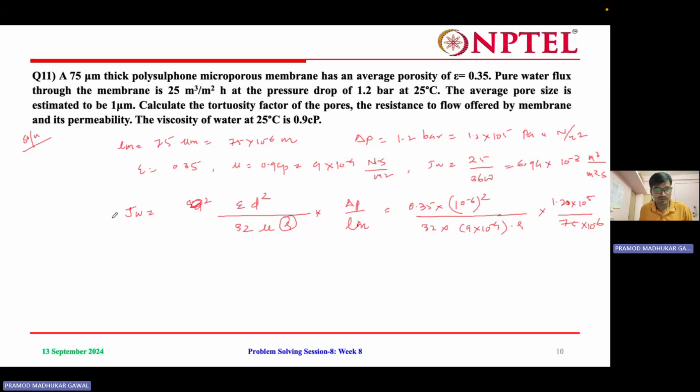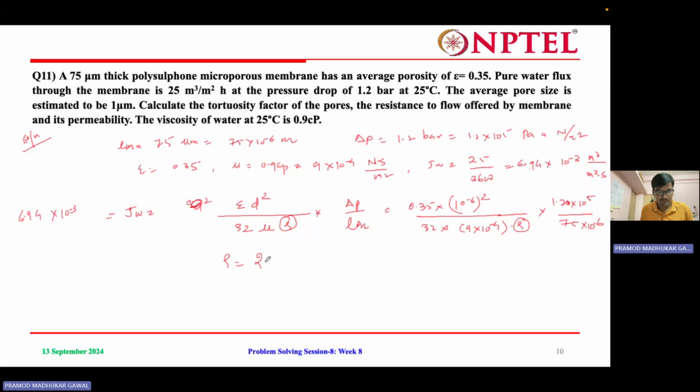So now JW is given; convert into seconds, so it's 6.94 into 10 to the power minus 3, right? So now we have to calculate this one, the tortuosity factor.